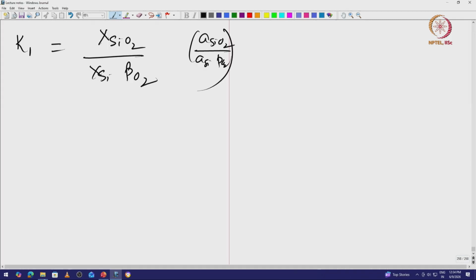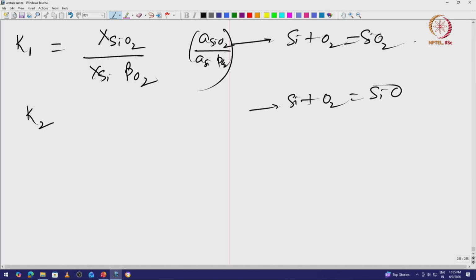Then I have K2, which is the silicon. So this is silicon plus oxygen gives rise to silicon oxide, that is the reaction. So K2 is silicon plus oxygen gives rise to silicon oxide, which is in the gaseous form, okay. Now K2 is PSiO, right. So this is Q, this is K, and K should be equal to Q at equilibrium, right.